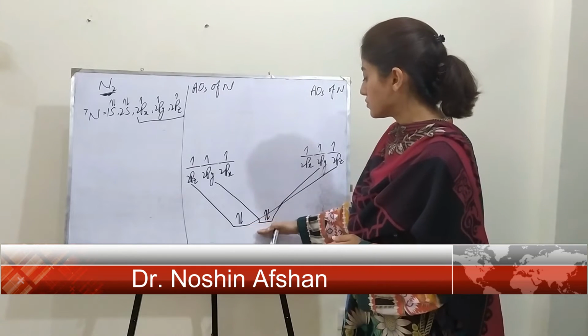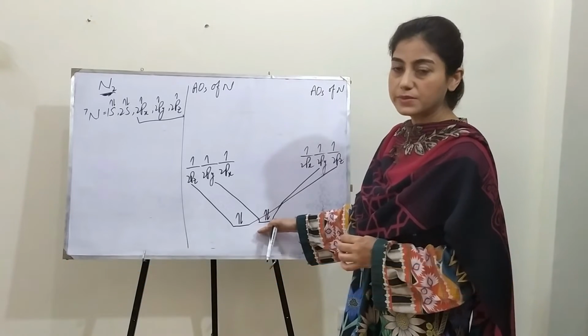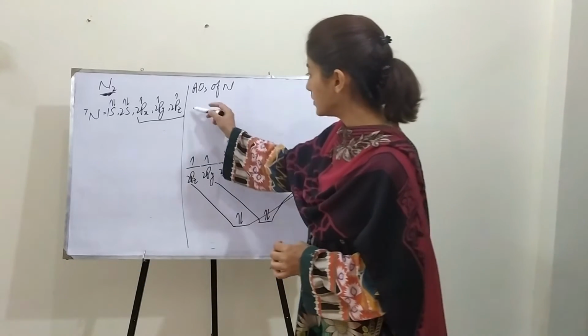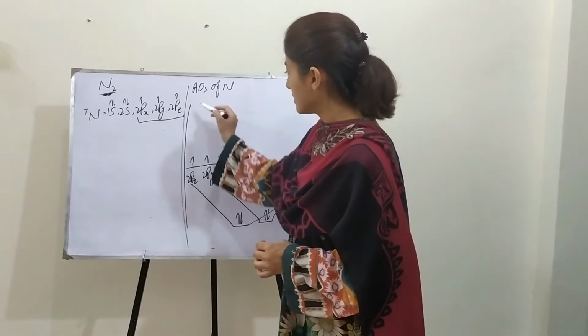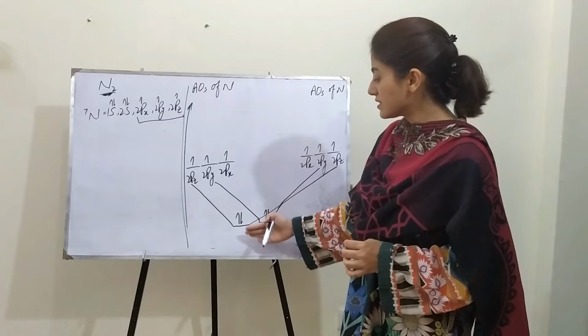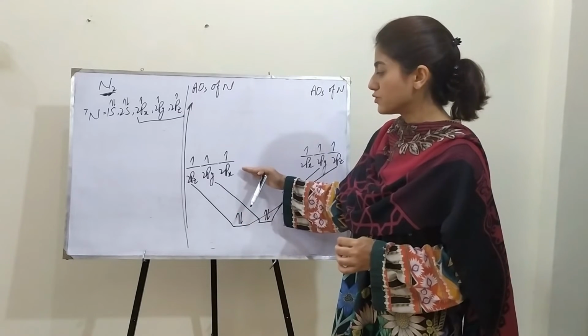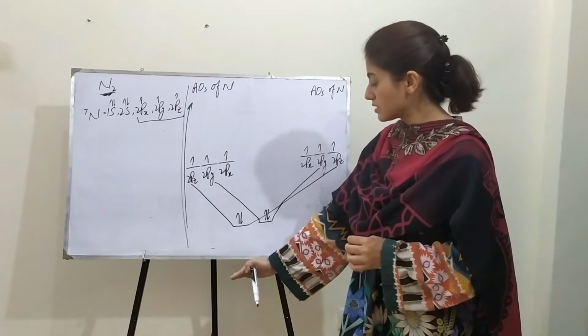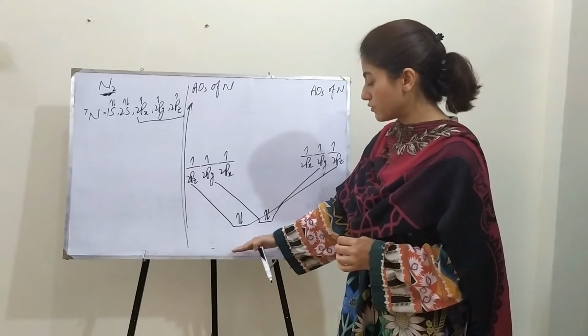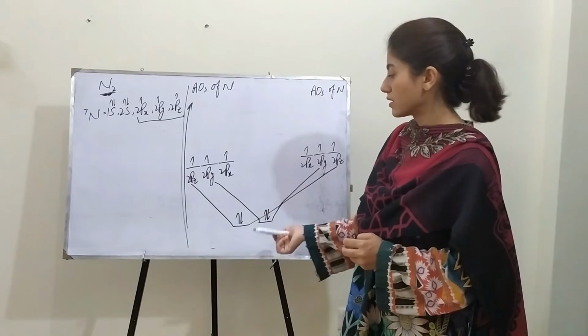Now these 2 molecular orbitals or bonding molecular orbitals lie on the same energy level. The energy level increases from bottom to top, and the 1s and 2s orbitals would lie below these 2p orbitals. First 1s, then 2s, then 2p orbitals.